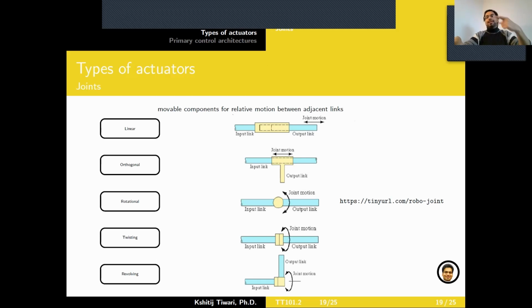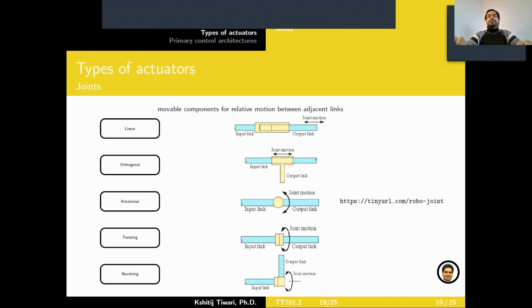Orthogonal is when the input and the output links are orthogonal to each other, even if the movement of the joint is just translational. So you displace along a linear axis of the input link, but the output link is positioned such that it's orthogonal to the displacement.